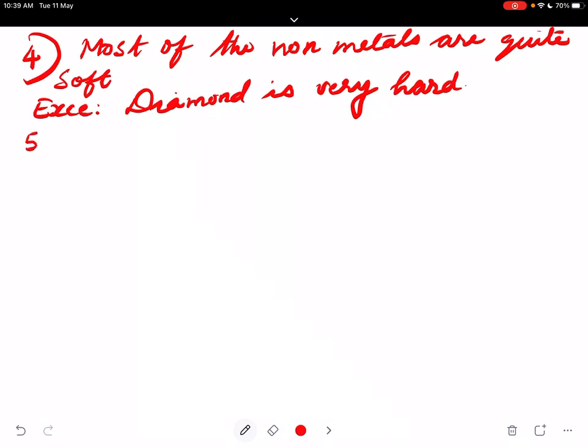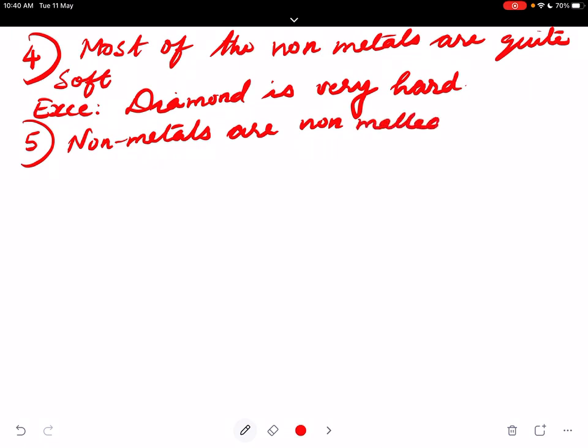Number 5. In the case of metals, we learned metals are malleable and ductile, but here non-metals are non-malleable and non-ductile.